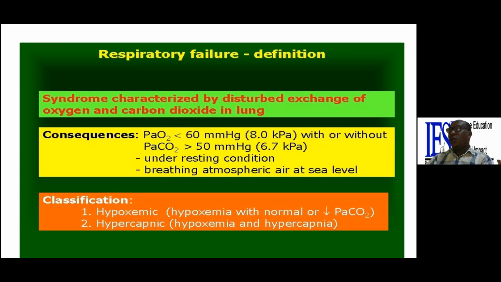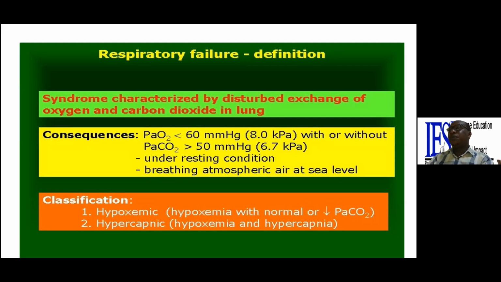You know the normal value of arterial pressure of oxygen is between 80 and 100 millimeters of mercury. When it's between 60 and 80, we call it hypoxemia. But when it becomes below 60, we start to call it respiratory failure.